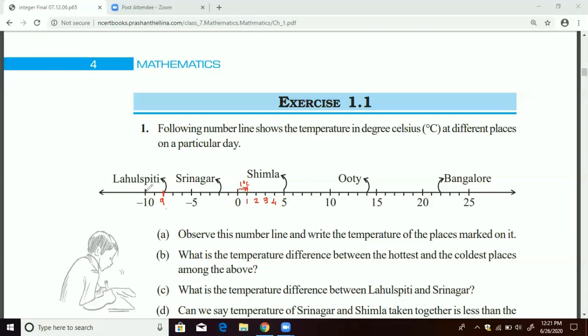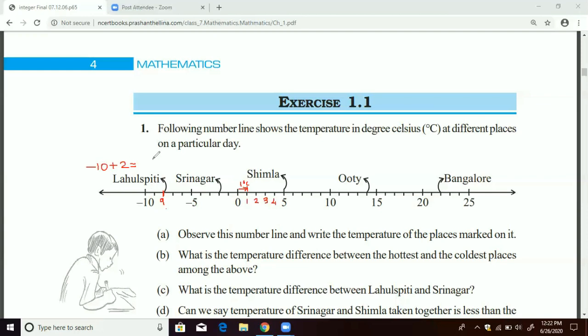So here -10 is marked, and Lahaul Spiti is marked 2 places after that. That means we have to add +2 towards the right side. So the temperature at Lahaul Spiti is equal to -10 plus 2. While adding two numbers having different signs, we find the difference between the numbers.